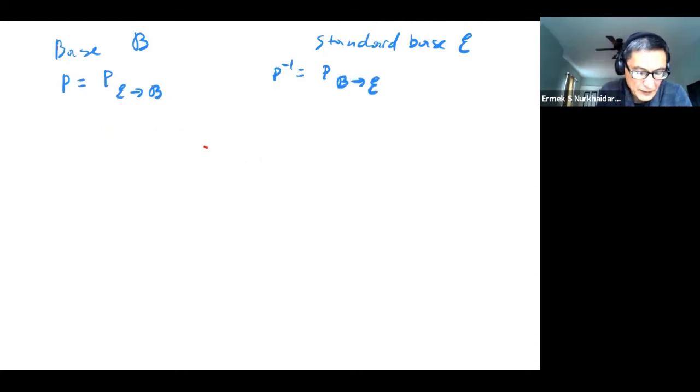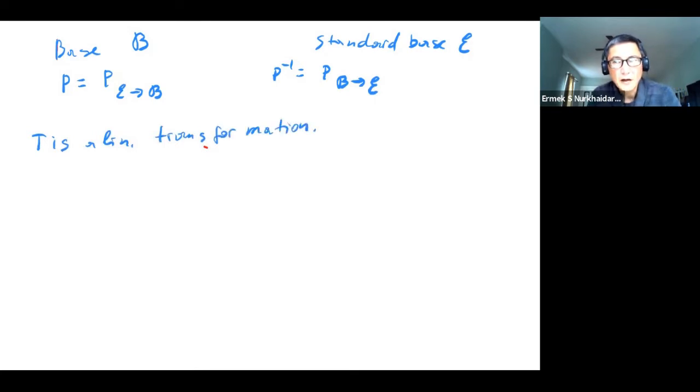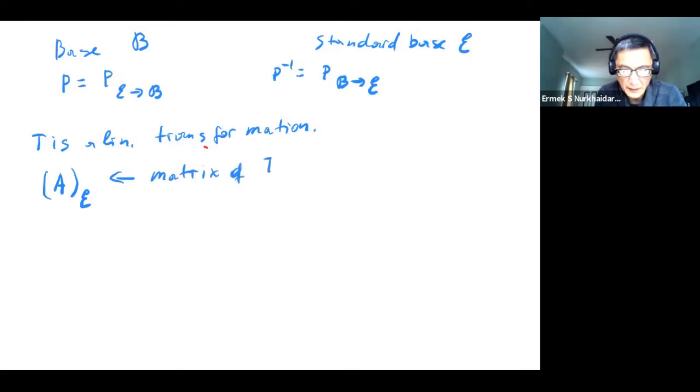If we have T as a linear transformation, then we can have matrix A for T in base E, the matrix of T in base E. And we also can have the matrix of T in base B, right?